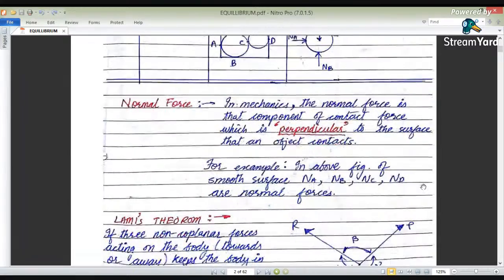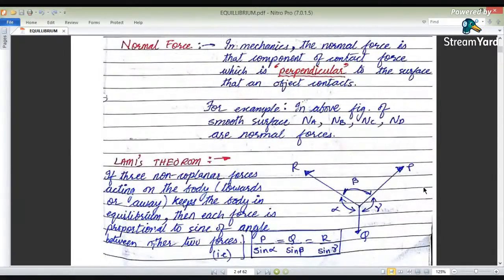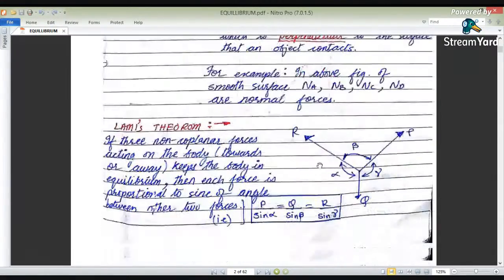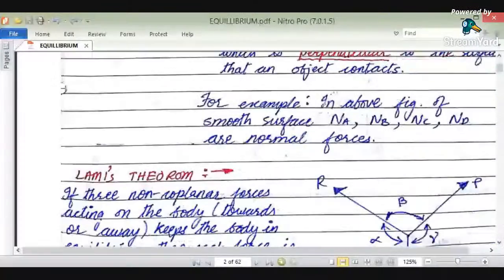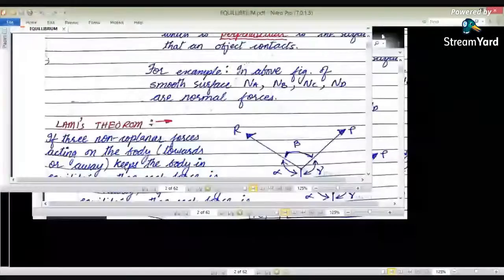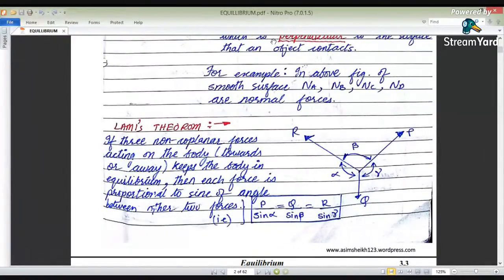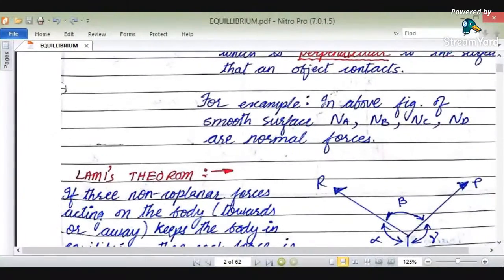Again, an important concept related to this is Lamy's theorem, because Lamy's theorem is also very important. We have to first use Lamy's theorem.